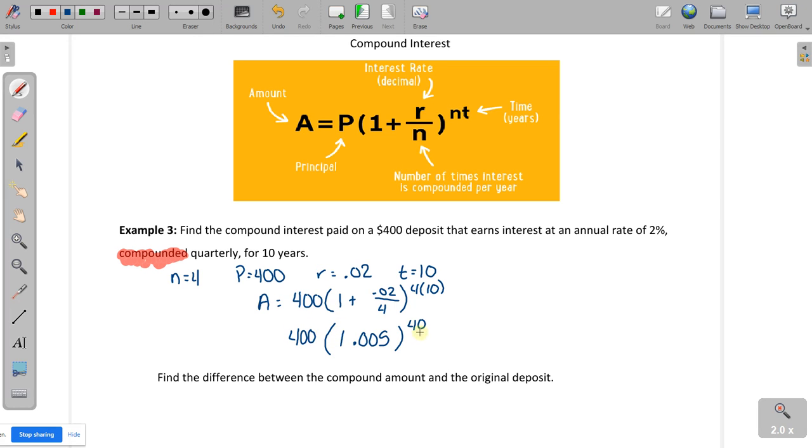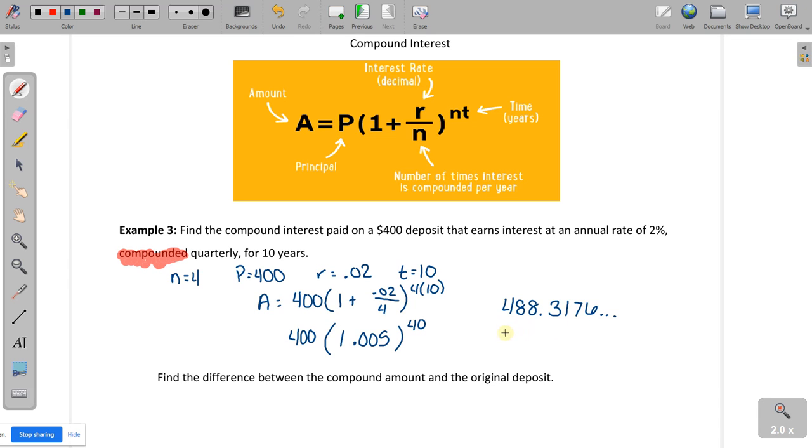Now, in your calculator, do 400 parentheses 1.005 end your parentheses, do the caret to use your exponent, and type in 40. When you do this, you will be getting 488.3176, and it continues on.